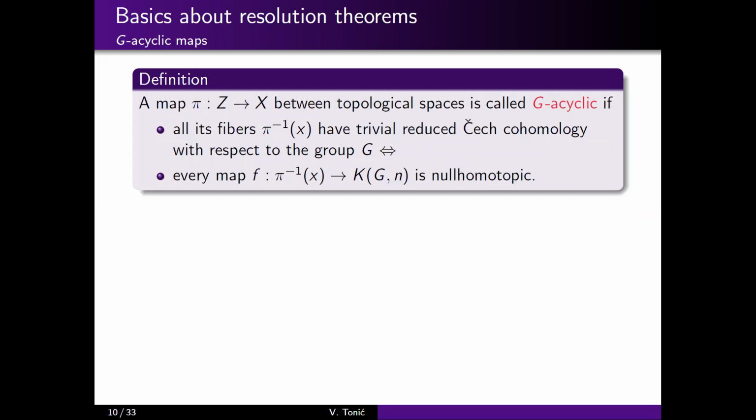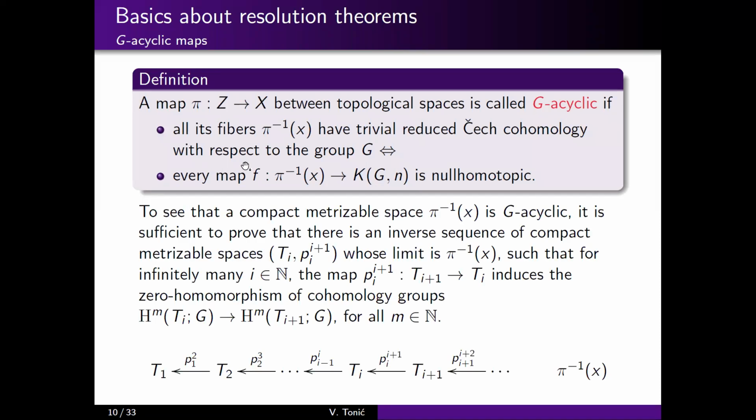Okay, and then the notion of G-acyclicity is a generalization of cell-likeness. The original definition would be that you want your fibers to be so-called G-acyclic sets, or have the property of G-acyclicity, which just means that they have trivial reduced Čech cohomology with respect to the group G. But again, you can use the following. If you take any continuous function from a fiber to a K(G,n), then you want that to be null homotopic.